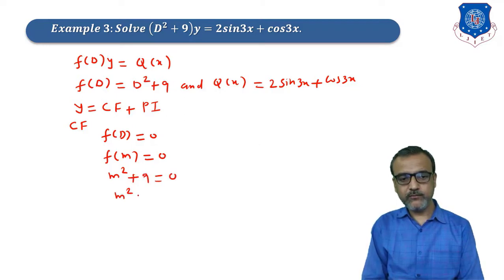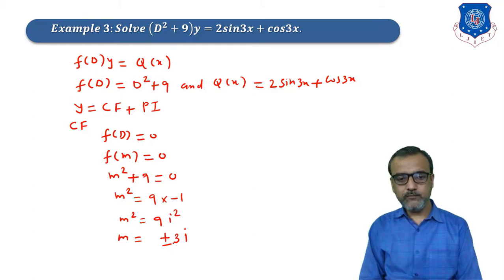So m square equals minus 9, and minus 9 is nothing but 9 into minus 1, and minus 1 is i square. So we have m equals plus minus 3i. Here the imaginary part is 3 and the real part is 0.